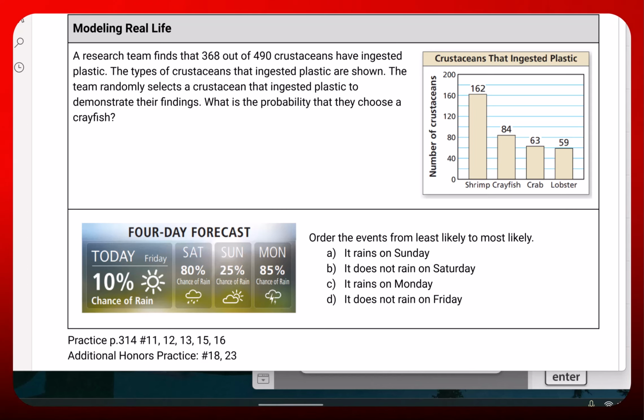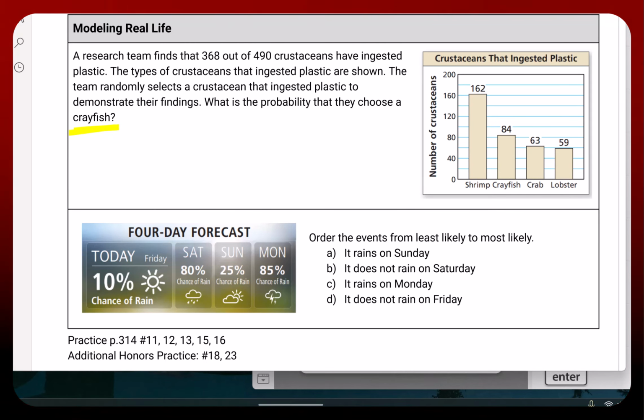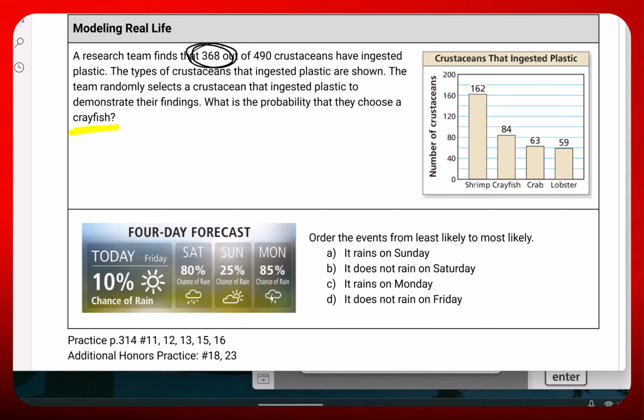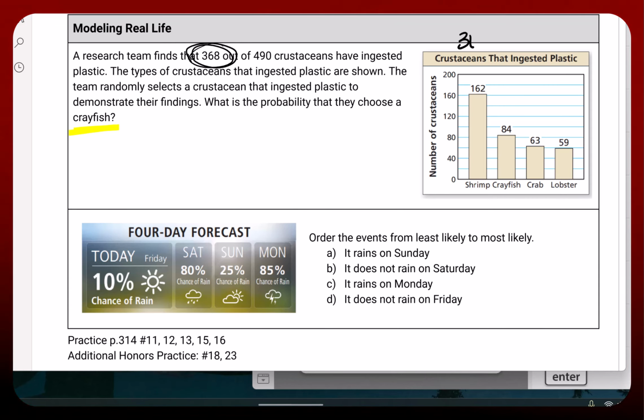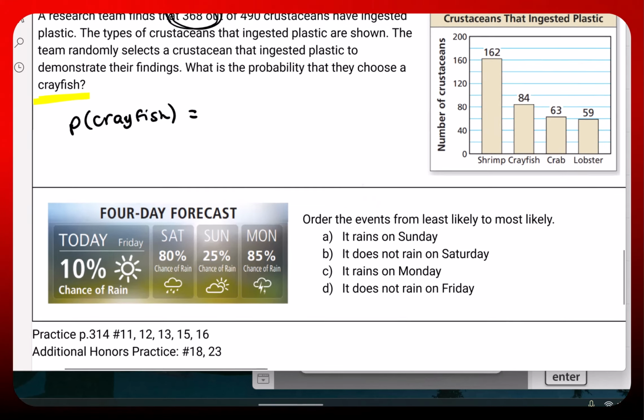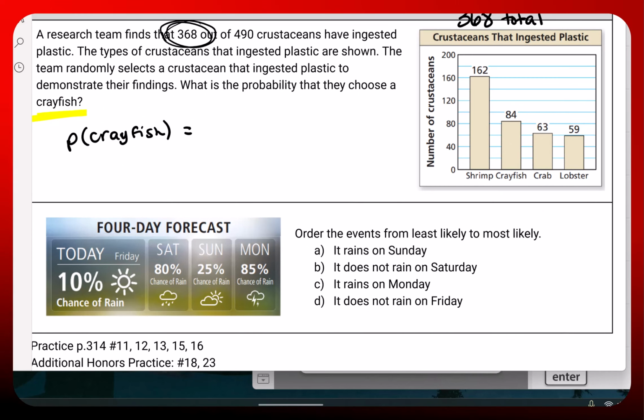You've got it on the table and it says, what's the probability that they chose a crayfish? Okay, here's the thing though, it actually tells you how many crustaceans are on this table. So let's put 368 total right here. That way you don't have to do it later. So what's the probability of crayfish? So how many crayfish did they find on this table here? 84.